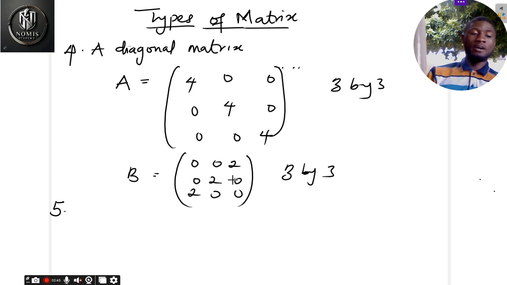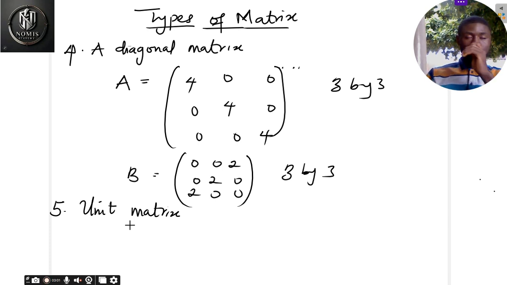Type number 5. We also have what we call a unit matrix. What do we call a unit matrix? This is derived from the previous one, the diagonal matrix, but it is somewhat peculiar, unique on its own because of the word unit.